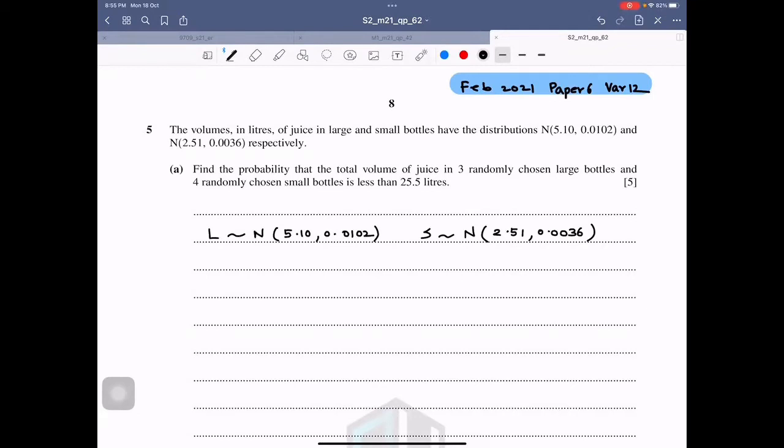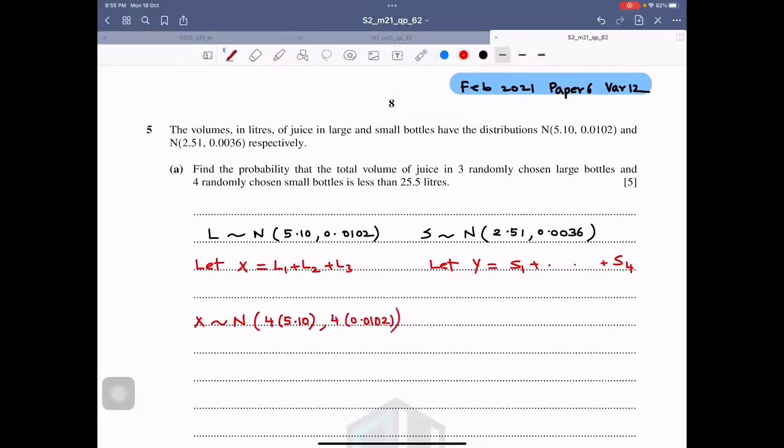First of all, define the variables. Let X equal 3 large, L1 plus L2 plus L3. Let Y equal S1 plus S2 plus S3 plus S4. 3 large, 4 small. X follows a normal distribution, 4 times 5.10, 4 times 0.0102.